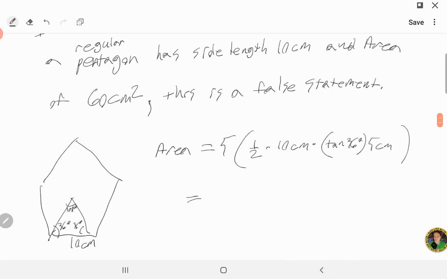So that's going to turn out to be 5 times 5 times 5, so we get 125 times tan 36, which is 0.73.